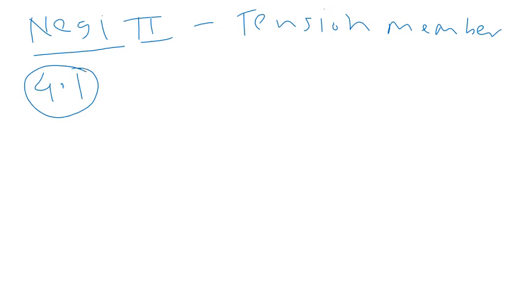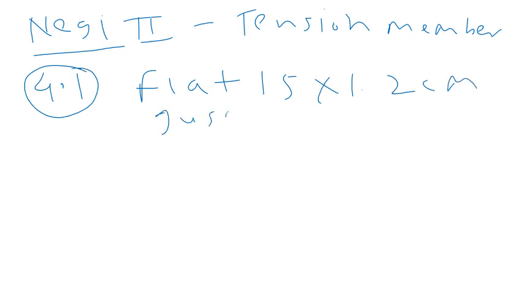So this problem says we have a flat of size 15 into 1.2 centimeter, and it is connected to the gusset plate, and it is asked to find out how much maximum tension this flat will carry under two cases.